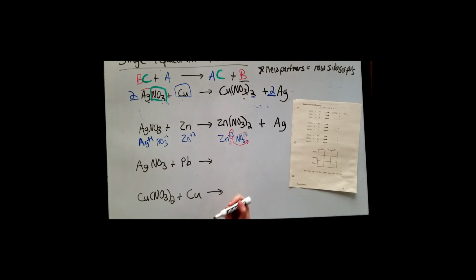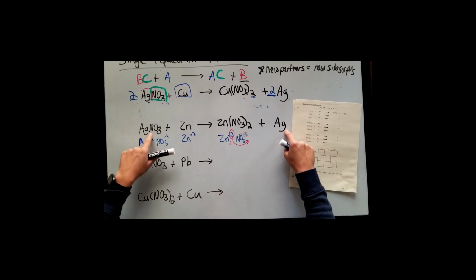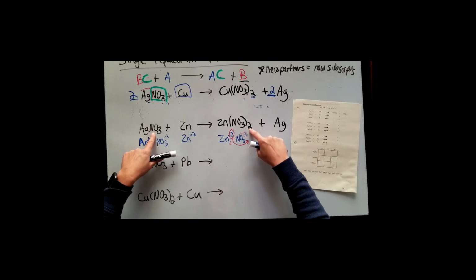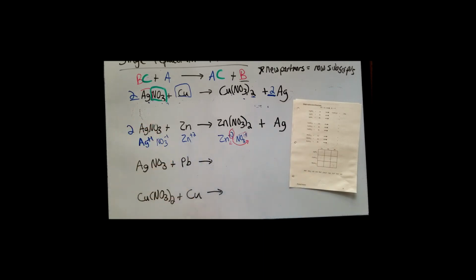Now to balance, it's going to be the same as before. So looking, I have 1 silver, 1 silver. NO3, I just have 1 of the NO3s. But over here, because of that subscript 2, that means I have 2 NO3s, so they're not balanced. I need 2 on the reactant side, so I'm going to add a 2 coefficient here.